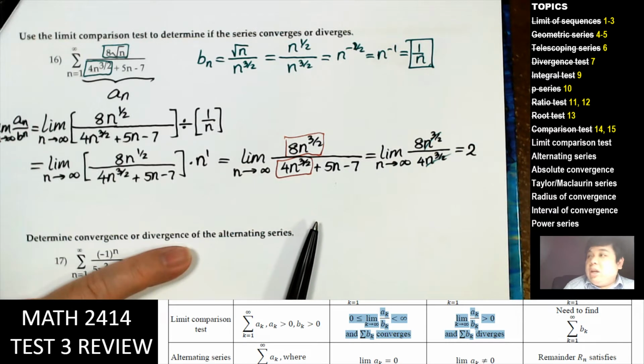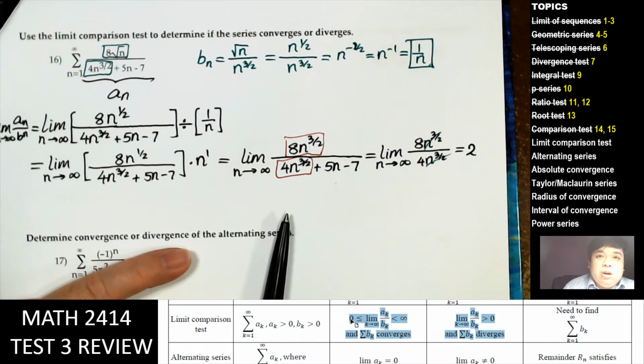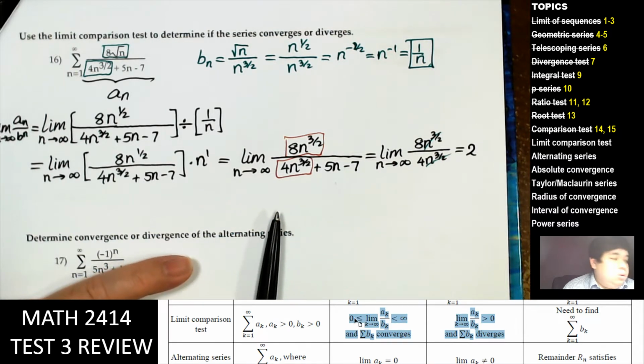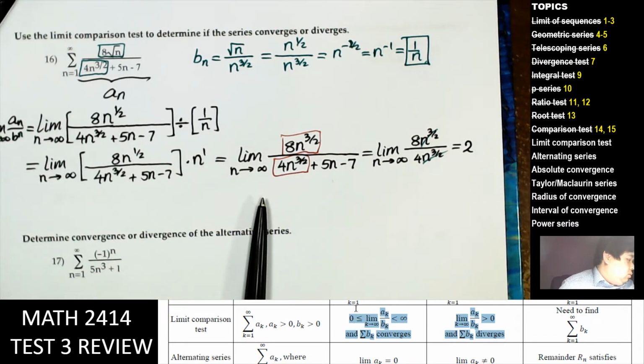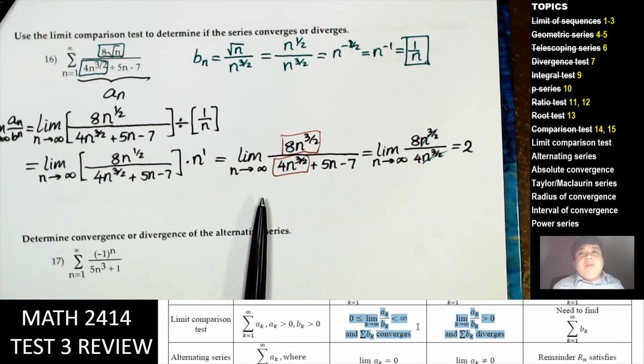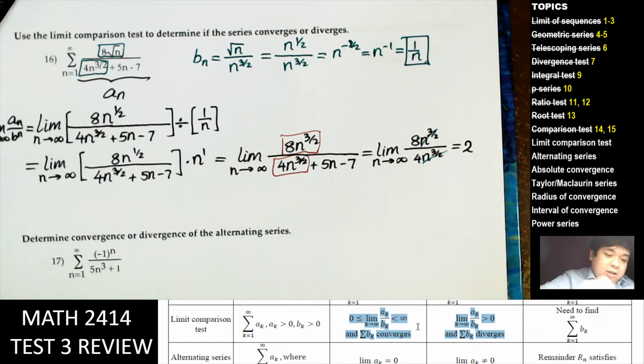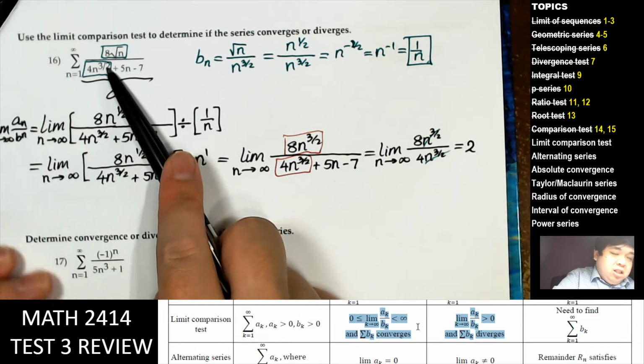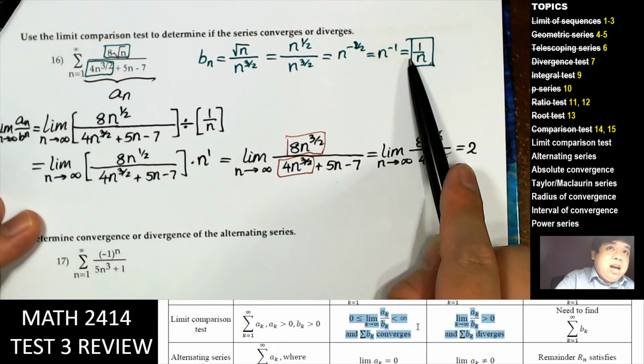The limit comparison test says if the ratio is less than infinity, or any finite number, then the conclusion is that the behavior of that series is the same as that series.